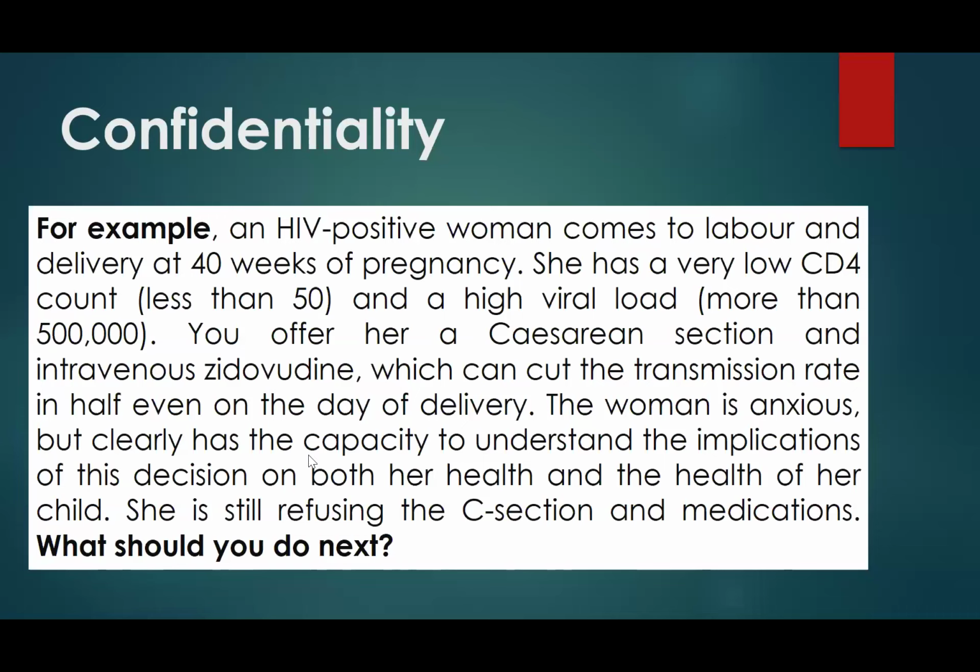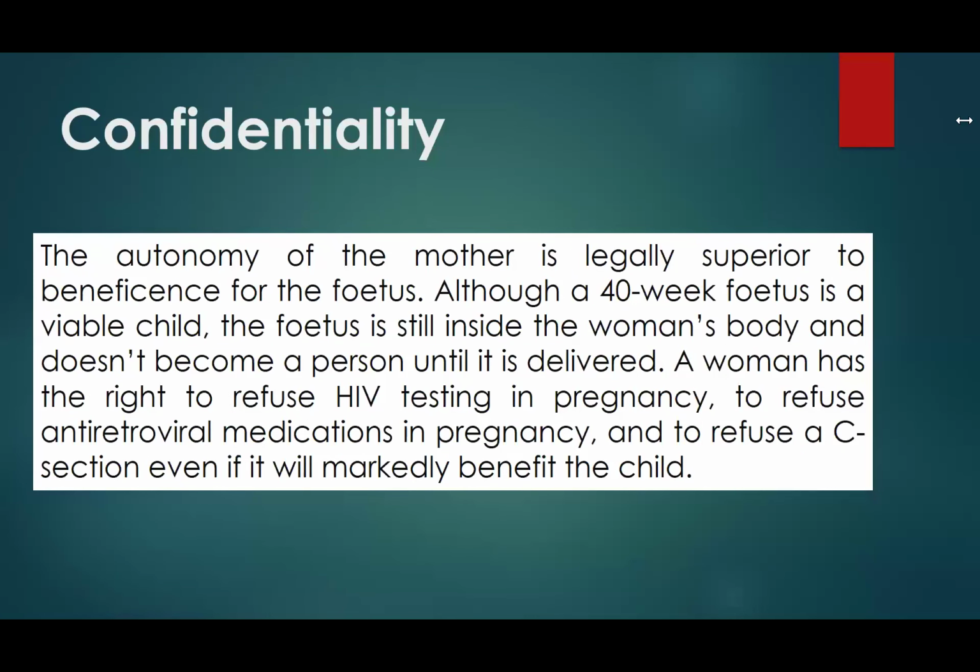The cases that I am presenting to you in this lecture are from the USMLE cases in medical ethics. So the correct answer here is we must respect her autonomy. The autonomy of the mother is legally superior to the beneficence for the fetus.